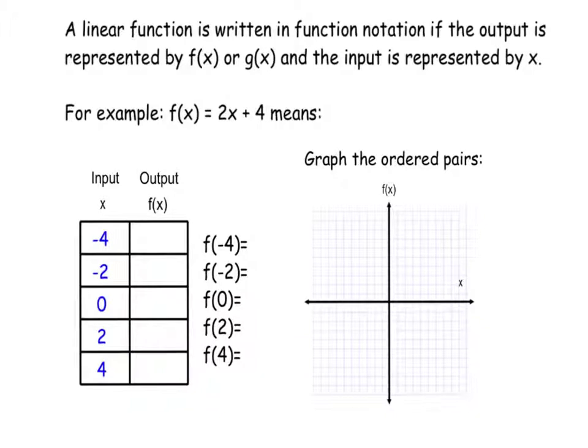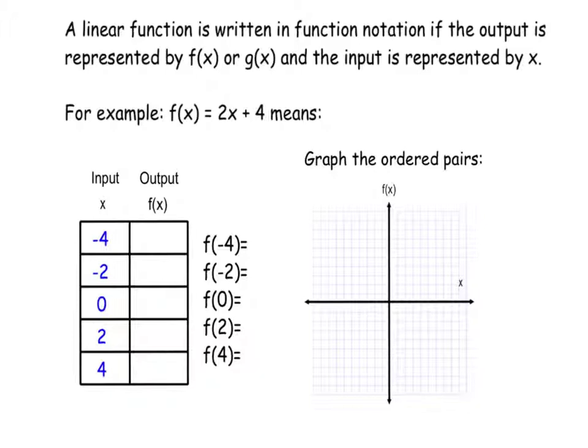A linear function is written in function notation if the output is represented by f of x or g of x and the input is represented by x. F of x or g of x is nothing else but basically y. So it's just a different notation of the similar type of equation, the y equals mx plus b, but y is replaced by f of x.